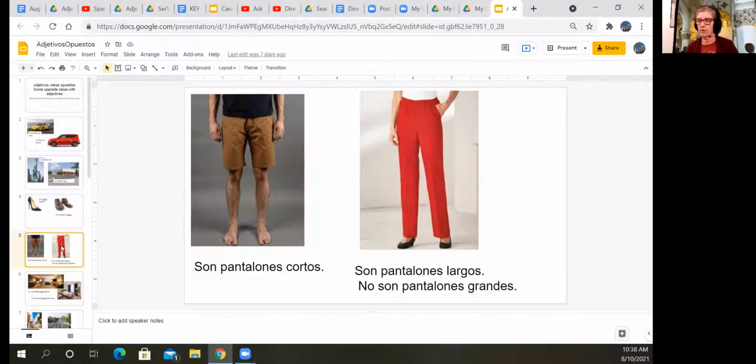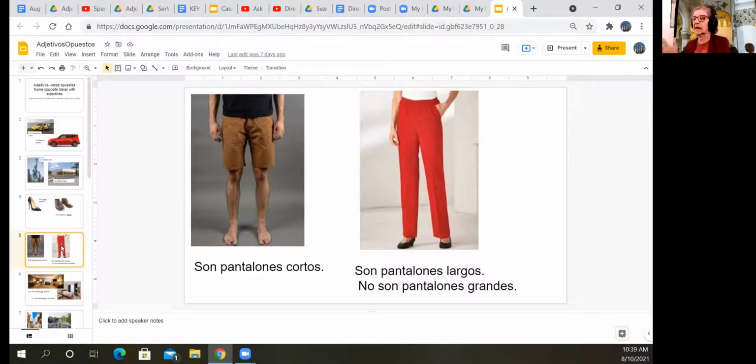We use a different word for length of clothing parts, I guess you would say. So, son pantalones cortos, they are shorts. They're short pants. So not a short man, but short pants. Son pantalones cortos. Cortos, right?